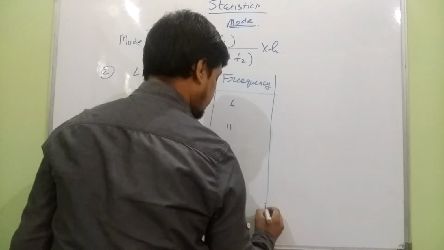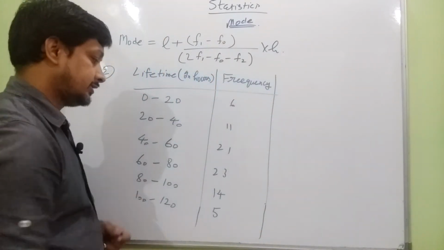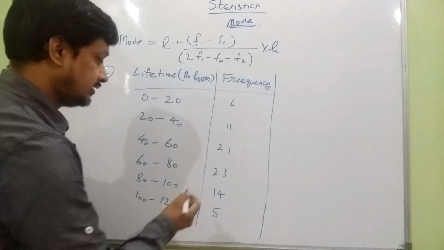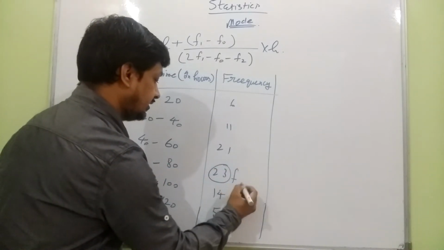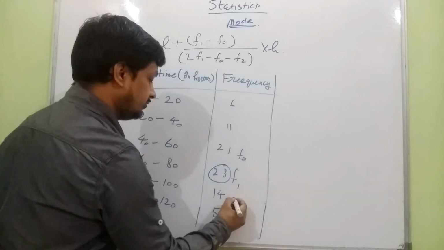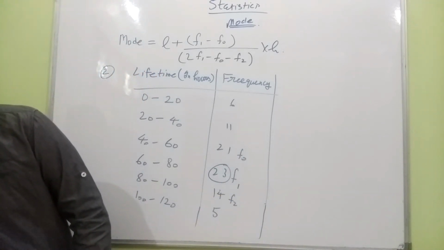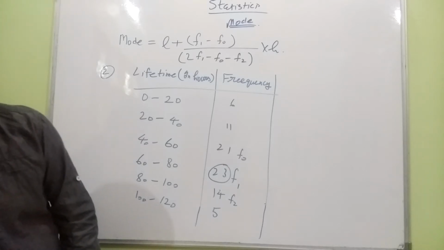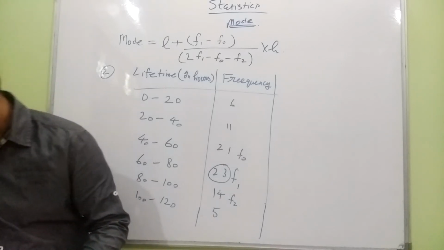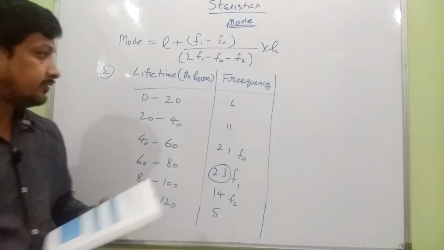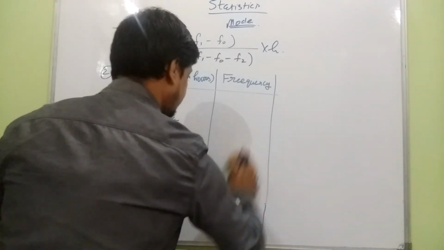So first of all, you will see what is the greatest frequency. So greatest frequency is 23, and it is F0, and after it is F2. Okay, we have done some mistake. The frequencies are different.